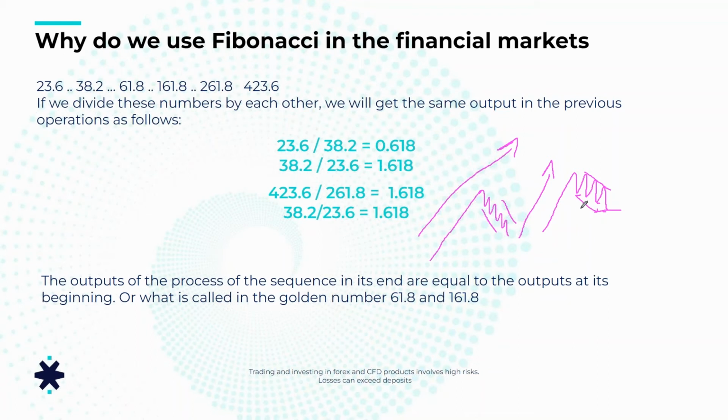When we have this information, we can exactly measure the retracement levels, and then we can go for the next momentum according to the market, right? So this is why Fibonacci is very important in the financial markets. And Fibonacci is used by many big financial firms as well, right? So this is a very major tool.